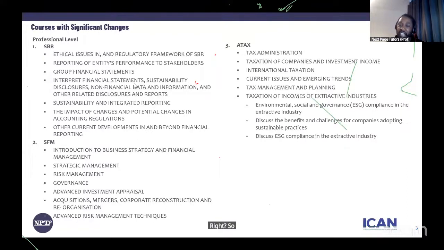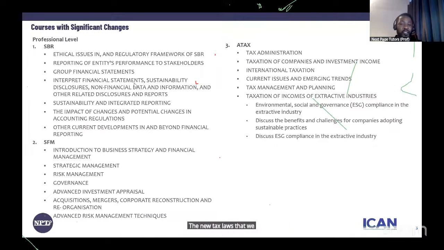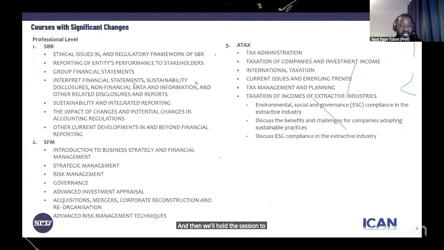And taxation, right? A lot of changes that might not even reflect on the syllabus right now. The new tax laws that we're seeing, what we are also trying to do as a center is, once we see where things are going, we also try to see how it impacts the syllabus we have at hand. And then we'll hold a session to actually discuss the changes in taxation.